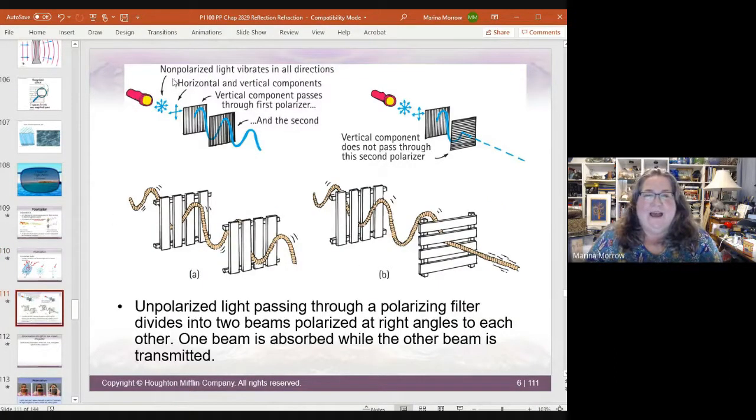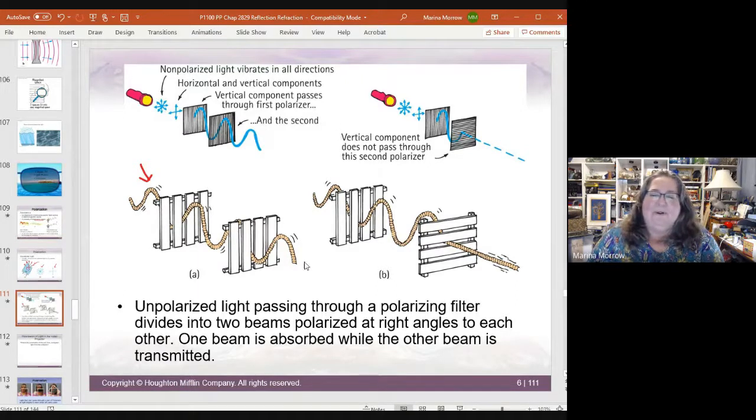Okay, so here we've got some unpolarized light that is going to go through a polarizing filter. Now, a polarizing filter has long strands of plastic. When a beam of light goes through them, the electric field can only squeeze through in the correct direction. Otherwise, it starts the molecules oscillating and the beam of light gets absorbed. So it's kind of like if you're shaking a rope through a fence, it can get through in a certain direction, but not in another direction, right?